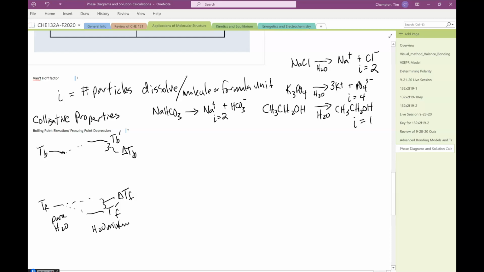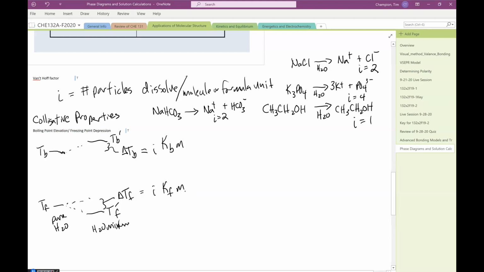Now we can calculate delta T sub B and delta T sub F from the Van't Hoff factor times a constant, Kb for boiling, Kf for freezing, times the molality of the solution involved.